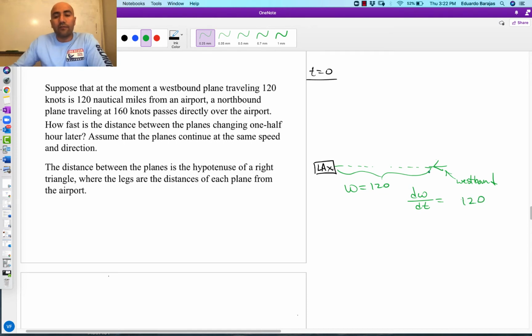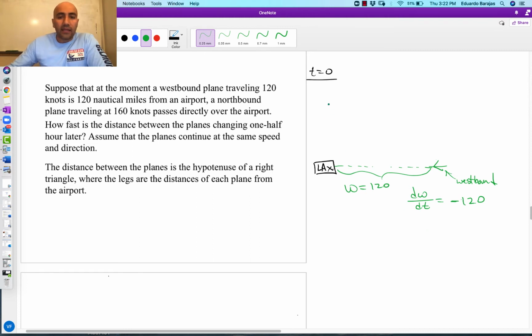However, we have to be careful about signs. As time goes on, this airplane is going to be getting closer and closer to LAX. Therefore, the distance W is going to be getting smaller and smaller. It's decreasing, which means that this derivative has to be negative. Okay.